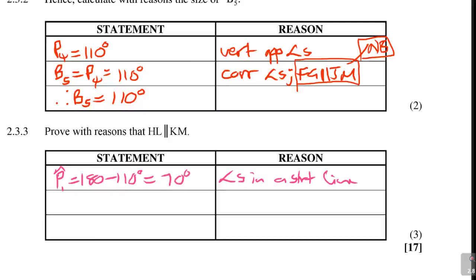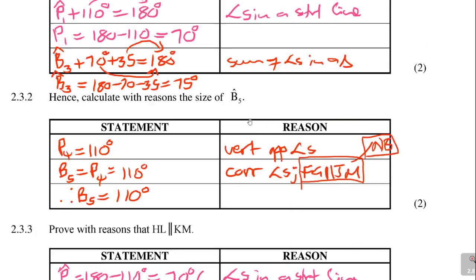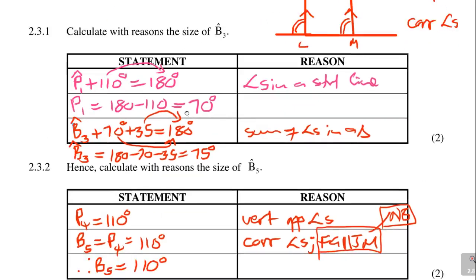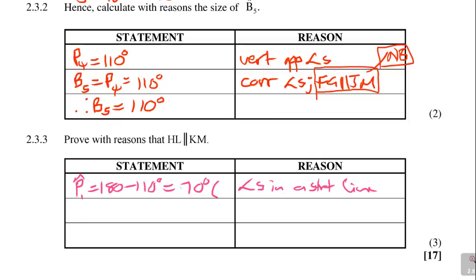Or you can say P1 is equal to 70 degrees, and then you mention question 2.3.1. Sometimes it's allowed. Here in the reasons, you say 2.3.1, that can be another reason there. Are you getting that?